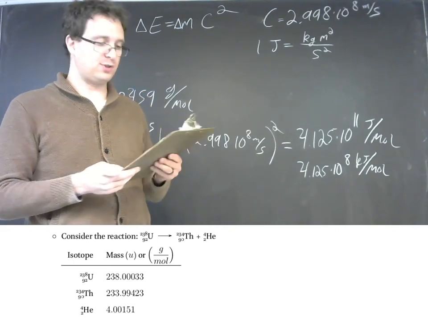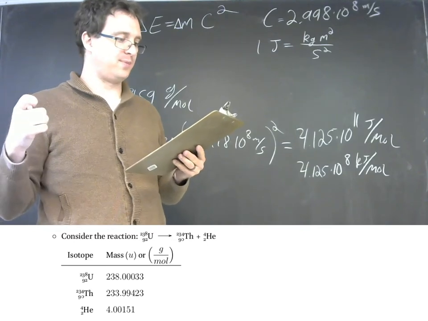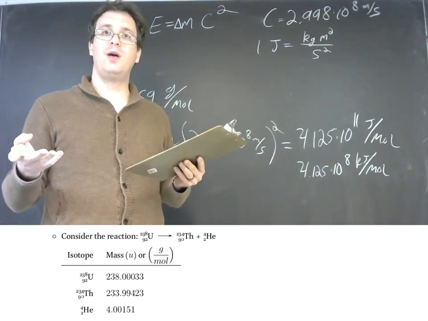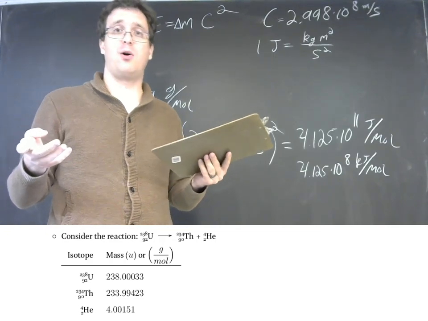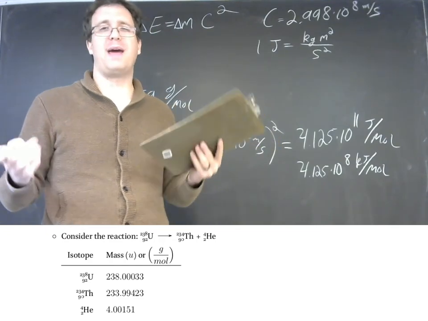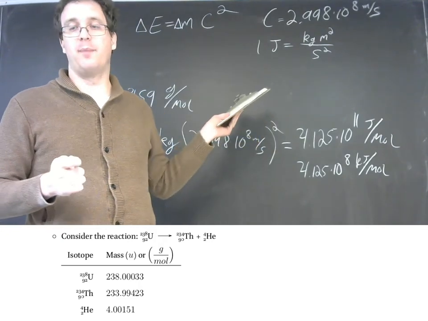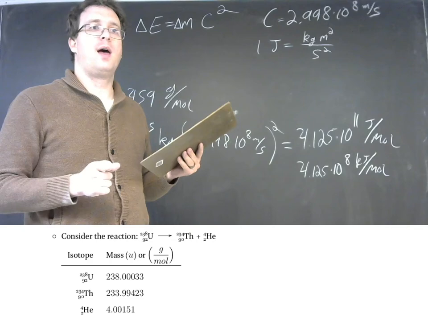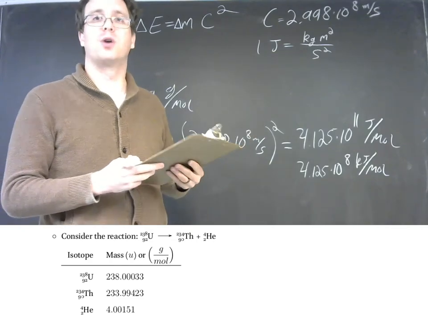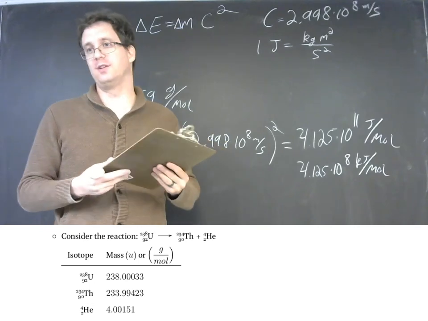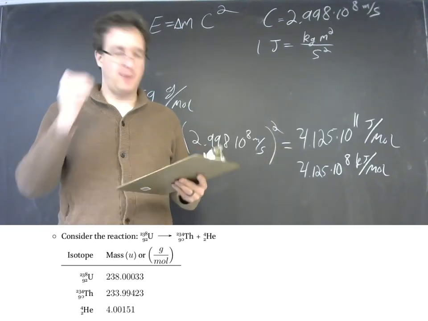Fusion is about 10 to the 9th kilojoules per mole, but also 1 mole of hydrogen is a particularly small mass, and so on a per mass basis, fusion dwarfs this again by about 100,000 times. And then fission is maybe about 100 times more energetic than alpha decay. At any rate, it's tremendous amounts of energy.